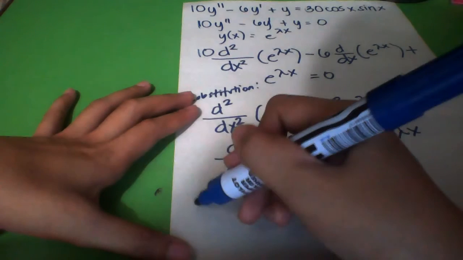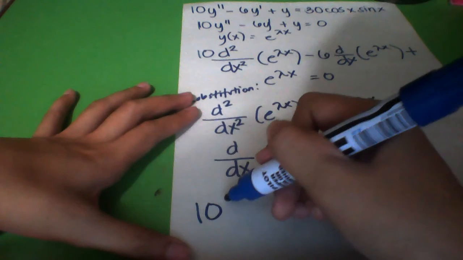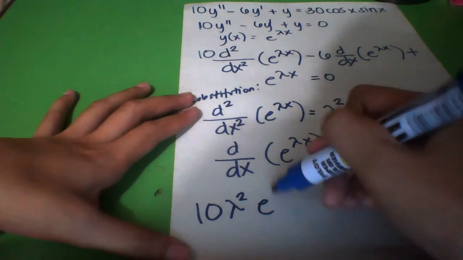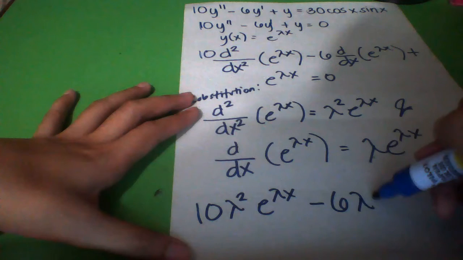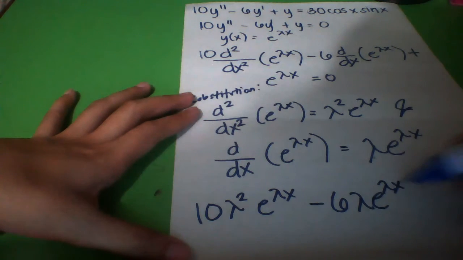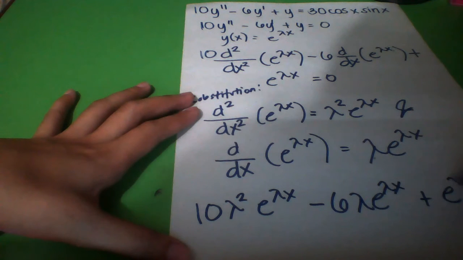So this will become 10 lambda squared e to the lambda x minus 6 lambda times e to the lambda x plus e to the lambda x is equal to 0.